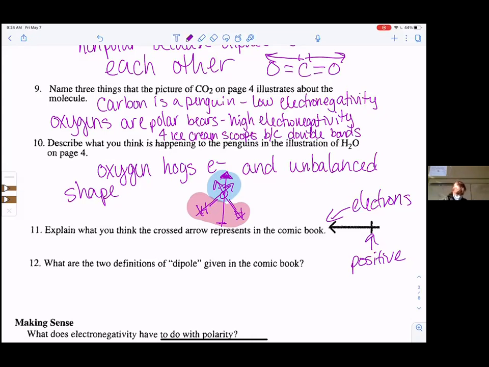So the answer is that you can have a dipole. A dipole can refer to just the polarity of the bond. So oxygen and hydrogen, there's a polarity between the oxygen hogs on the electrons, or the overall dipole of a molecule.